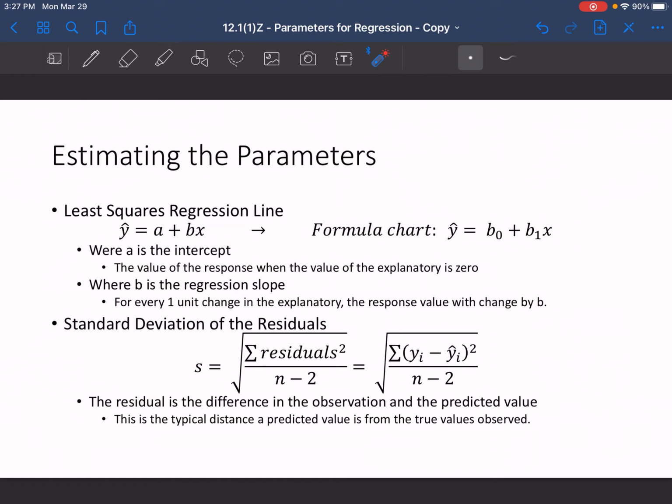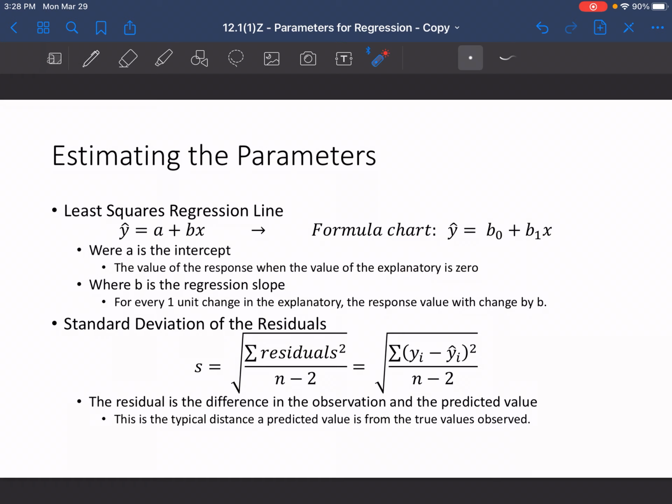If we want to solve for our least squares regression line in this case, again, the formula for that is y hat is equal to a plus bx. If you see it on the AP test, it might look something similar to this, where y hat is equal to b sub 0 plus b sub 1 times x. Really, if you can just convert that to what you know from this, then that's fine. But what we're looking for is where a is kind of our y-intercept of this line, basically. And so that's the value of the response when the value of the explanatory is 0.